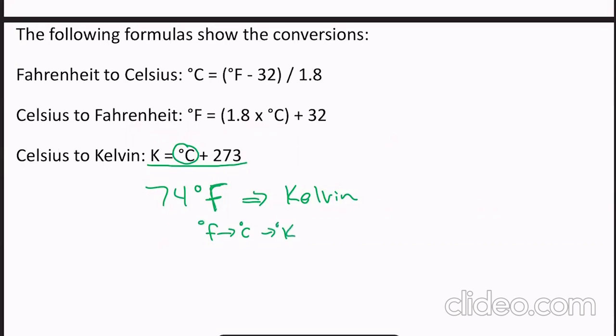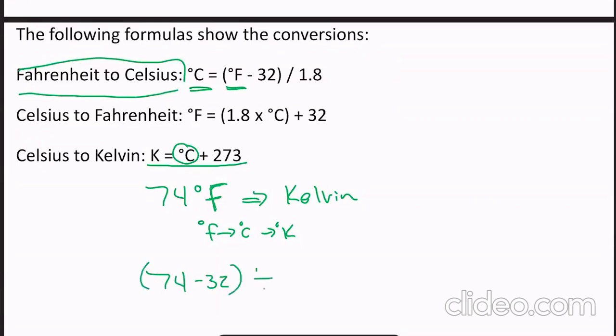So in order to figure out Fahrenheit to Celsius, this is what we want, I'm sorry. In order to figure out Celsius, we're going to take our degrees Fahrenheit, which is 74 degrees Fahrenheit, subtract 32, and that gets divided by 1.8.